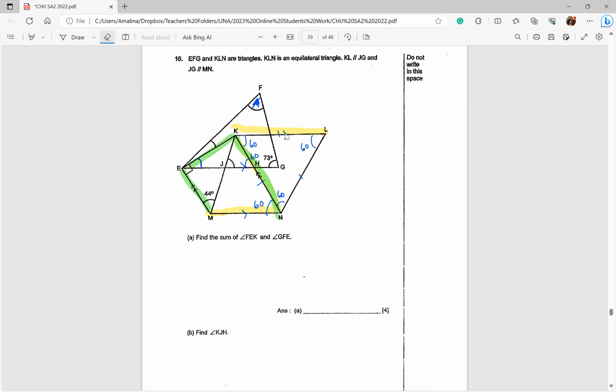So you can tell that this corner here is also 90 degrees. Because this is 90, 90 means that this must be 90. So I know I can find my angle KEJ first. Okay, so KEJ is your 180 minus 90 minus 60. So I get 30 degrees for this corner.